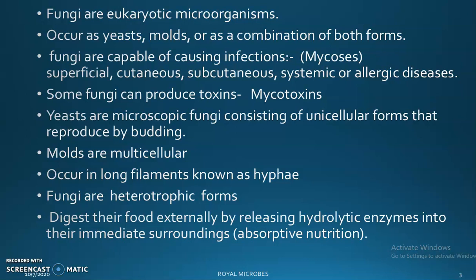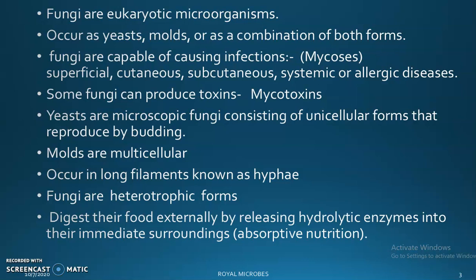They may be superficial, cutaneous, subcutaneous, or systemic infections based on the site of infection. They can also cause some allergic diseases. Some fungi can produce toxins called mycotoxins. These mycotoxins play an important role in food poisoning.